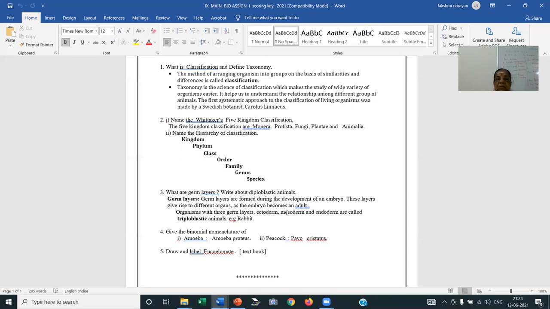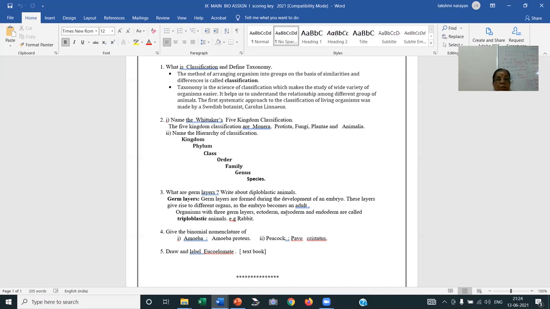An organism with the germ layers ectoderm and endoderm, and the middle mesoderm represented by mesoglea, is a characteristic feature of coelenterates. The textbook refers to these as diploblastic.